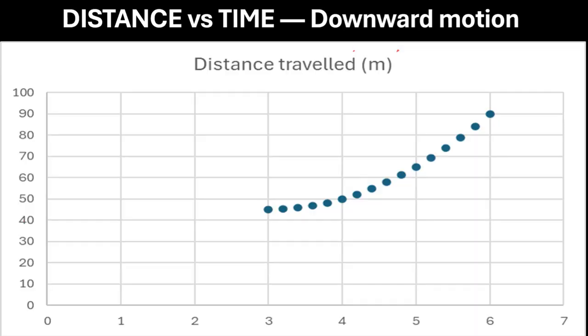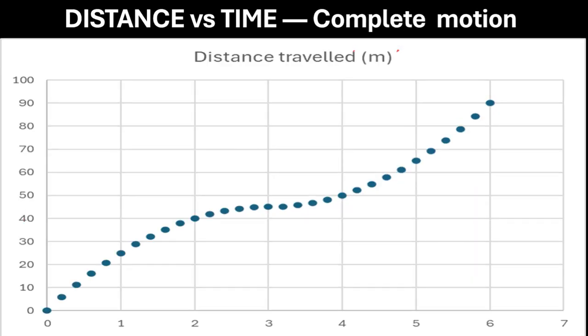Because distance is increasing and therefore it will rise further. So if you plot the complete motion for distance versus time, please make a note of this here: the title for this axis would be distance, and you see it's increasing from 0 to 90.